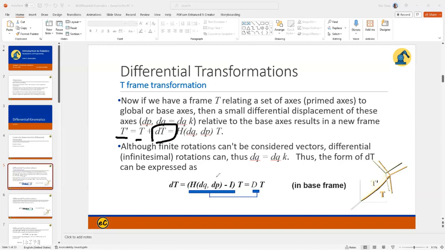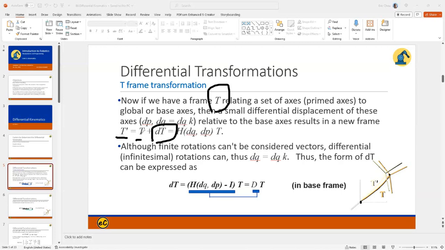T is a frame, and T may have some change, such as this frame moving from one location to another. That's dT.